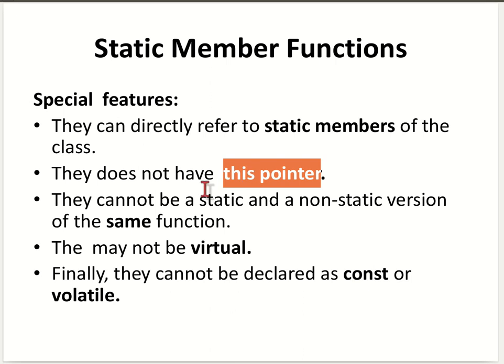There cannot be static and non-static versions of the same function, which means function overloading is not possible for the static one. It must not be virtual. What a virtual function is, we will see later. Finally, they cannot be declared as constant or volatile.